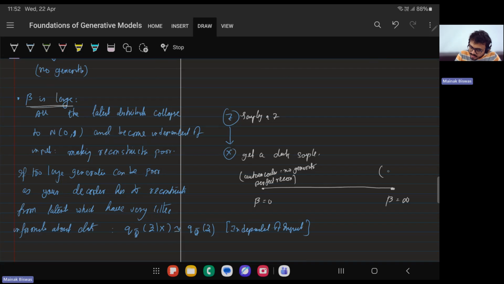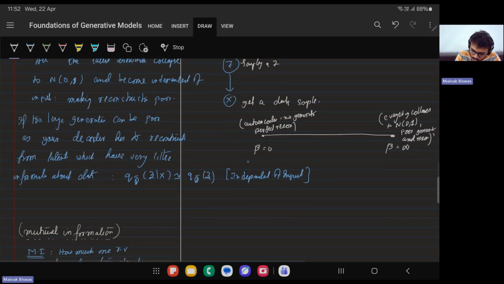At this end, everything collapses to normal 0, 1. Again, poor generation and reconstruction. So I will just write it down more clearly.